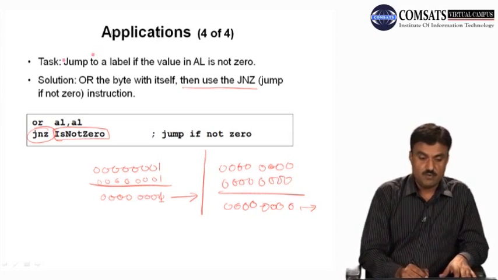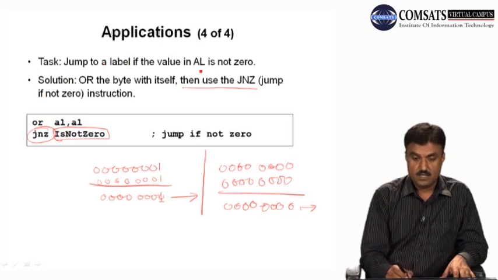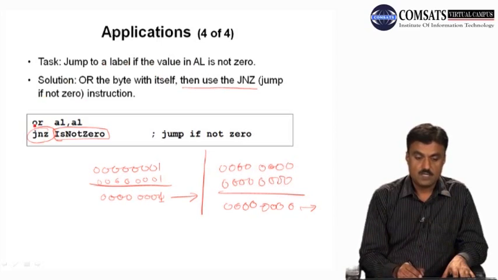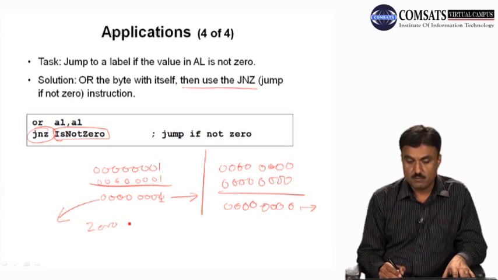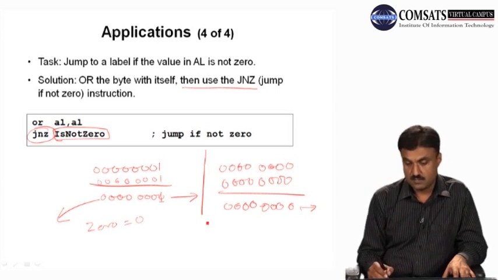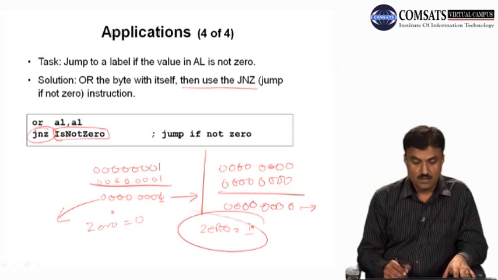So this jump will be performed to a label if AL has a non-zero value, some other value. In this case the 0 flag will not be set, the 0 flag will be 0, and in the other case the 0 flag will be 1. So what will happen?